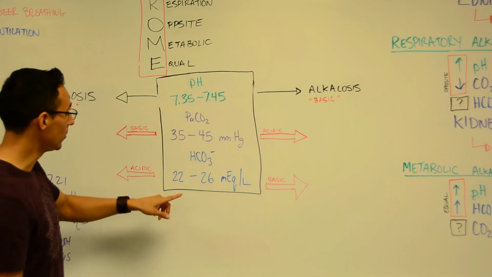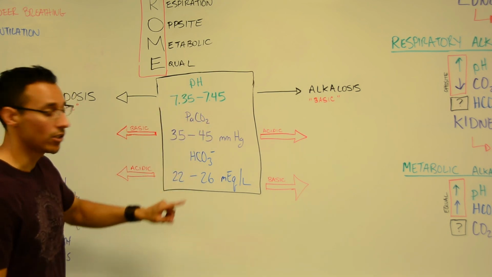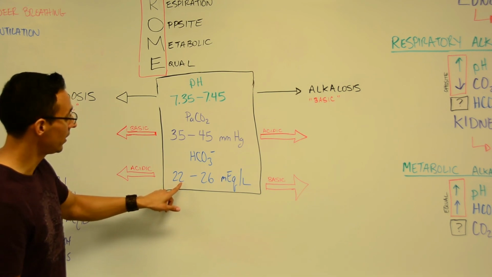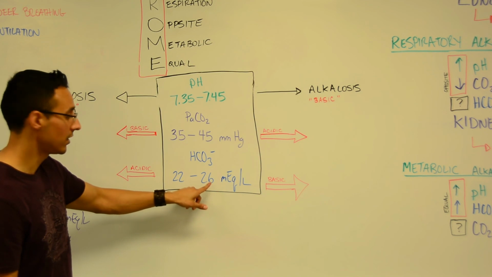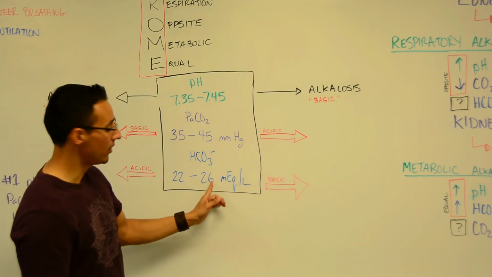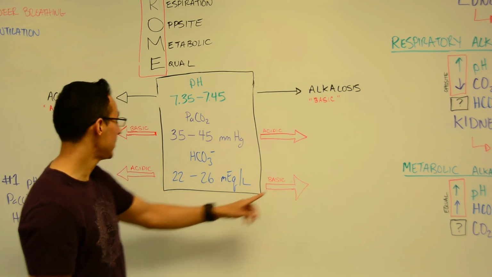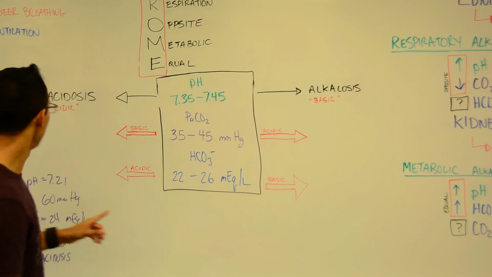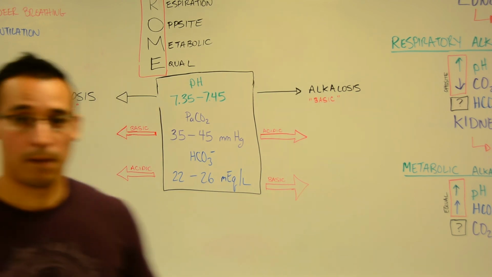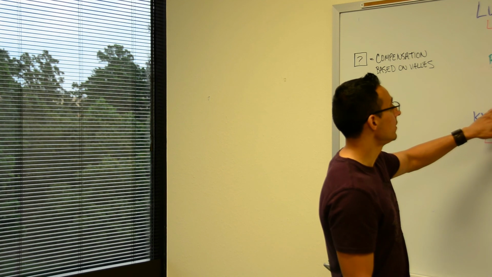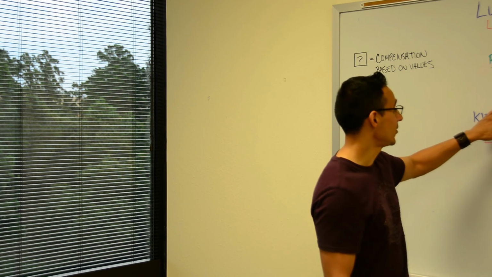So it's a little bit opposite of what the parameters are showing you for the pH. The one that does follow with pH is your bicarb. For your bicarb, your normal levels are 22 to 26. And so if you have higher than 26, it's going to be more basic, and lower than 22 is going to be more acidic. So when it is less than 22, it's more acidic, so it's only helping it.